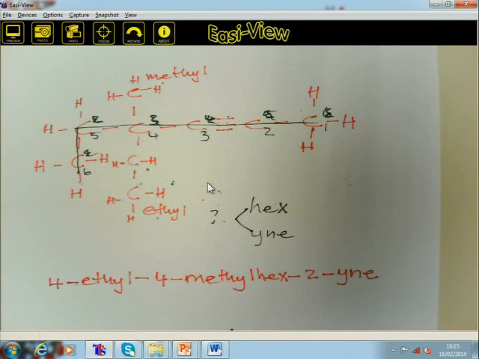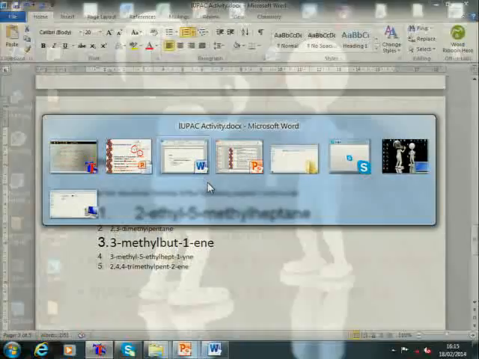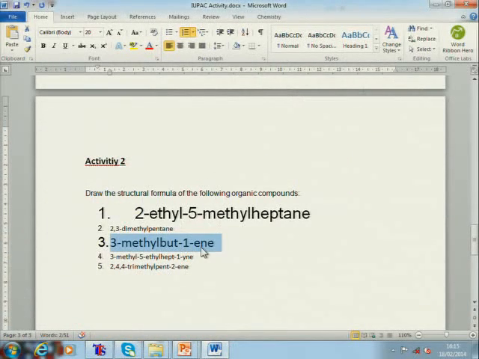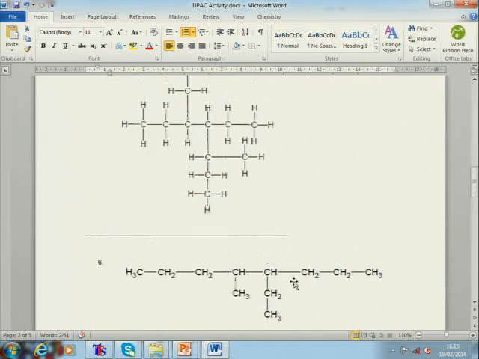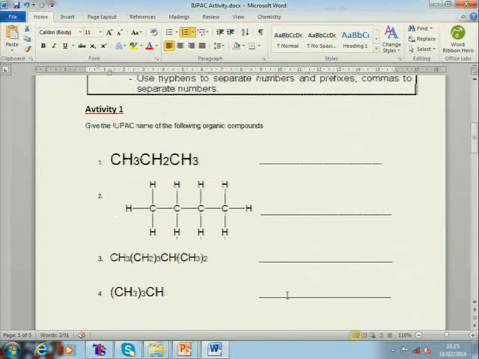So if you go to the homework that you are going to have, there is the structure that you must draw. So this time I didn't give you the structure that you must name. I want you to draw the structural formula. I gave you the name, therefore you must give me the structural formula. So let's check whether I've got another one there that contains a triple bond. It's not there. They are all single bonds.